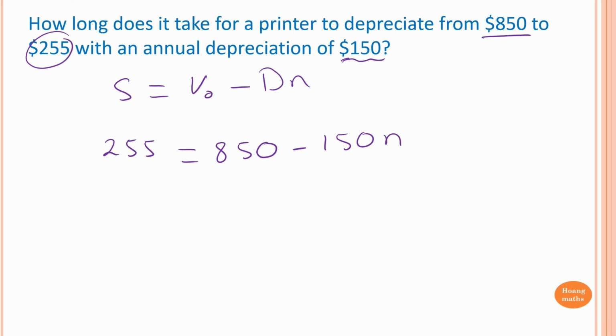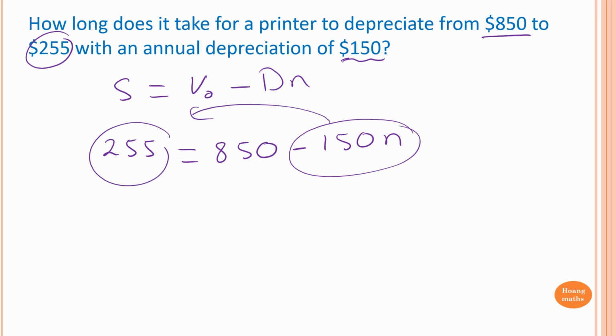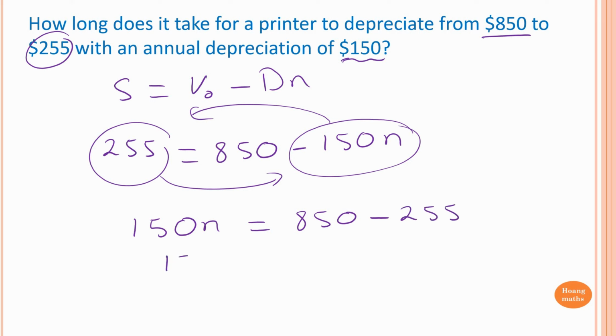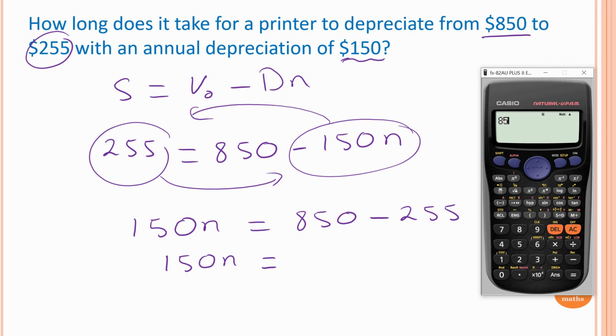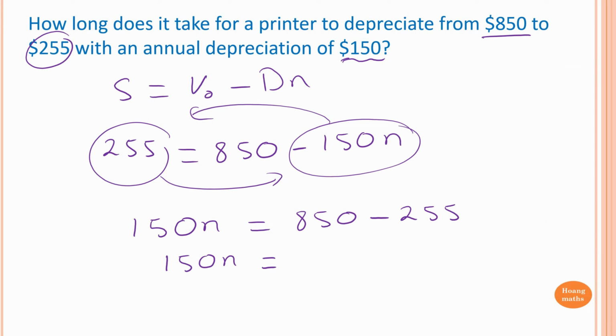To do this, I can just move this to this side to become positive, and 255 I can just move to this side. So minus 150N, move to the left hand side, becomes positive. So 150N is equal to 850 minus 255, which is 595.